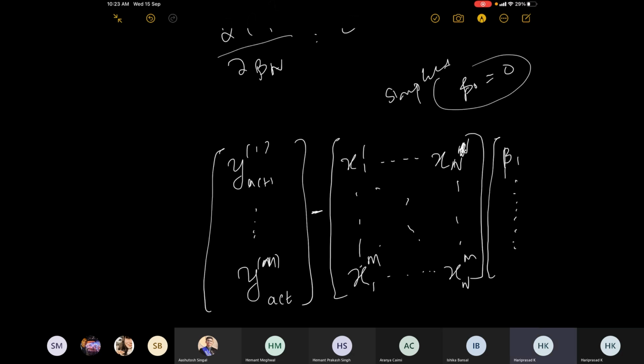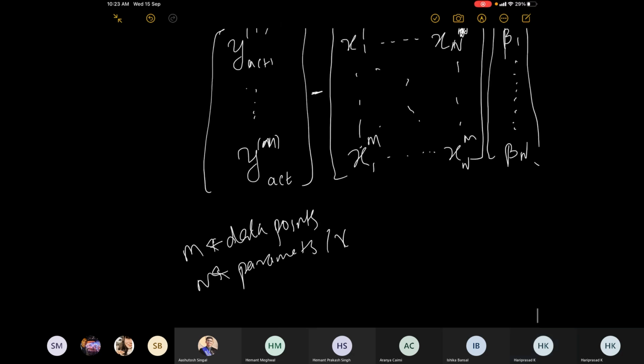If you multiply row-wise and column-wise, you would get the first y actual minus the first y predicted. And if you look at the second row and second column, you will get the second element and the corresponding one. So this is the vector-matrix form. Some of them are vectors, some of them are matrices.